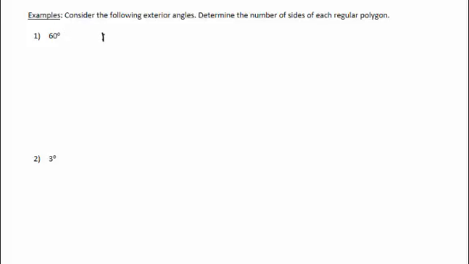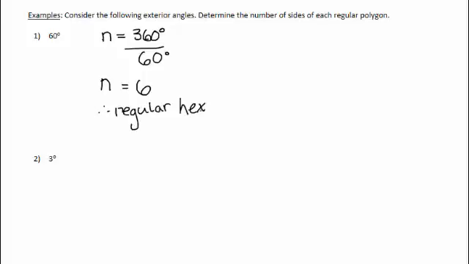So the number of sides of this polygon will be equal to 360 degrees divided by 60 degrees, again because we know that all exterior angles are equal in a regular polygon. We divide this out, and we figure out that n is 6, therefore this shape is a regular hexagon.